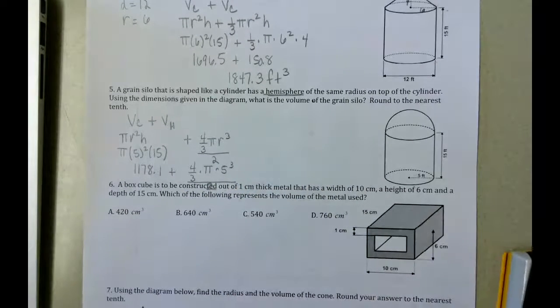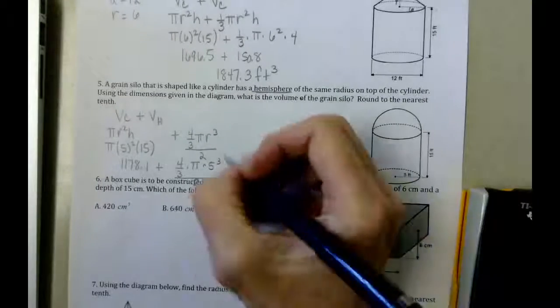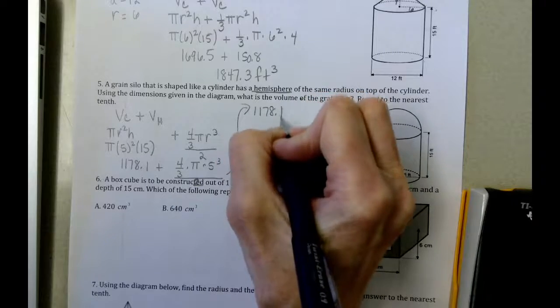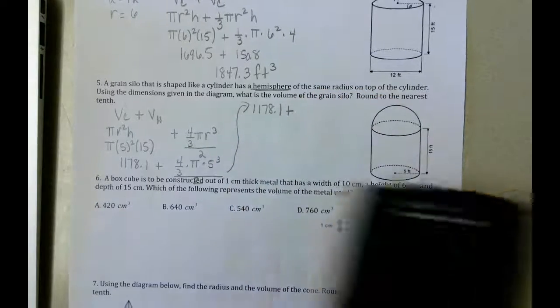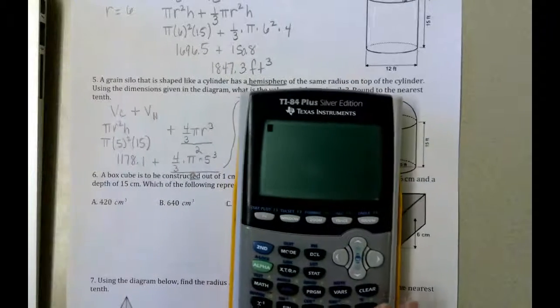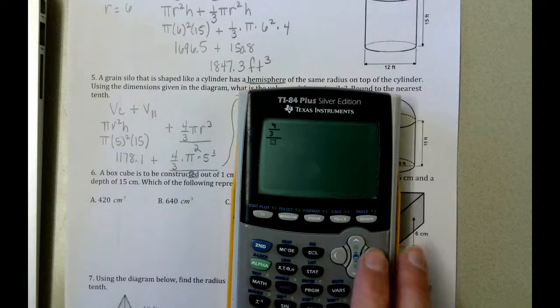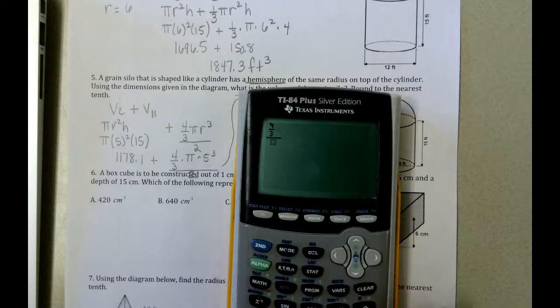So hopefully I didn't chump myself for the next problem, but as we come over here then, we still have our 1178.1 plus, we're going to pull up our calculator here and type in 4/3 times pi times 5 cubed, and then we're going to divide that by 2 because we're dealing with the hemisphere, and we get 261.79.